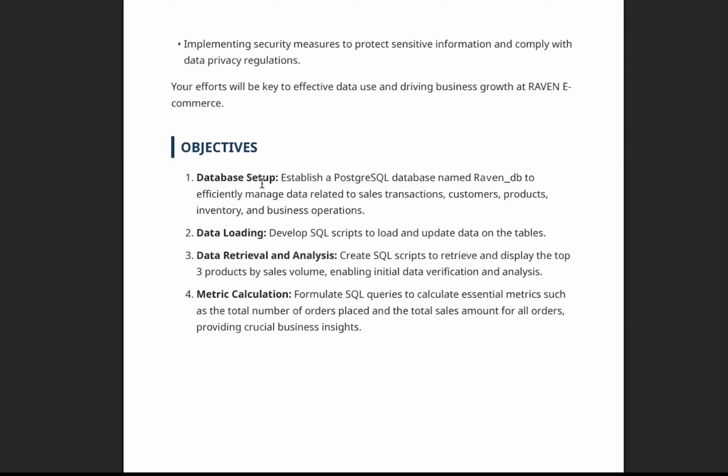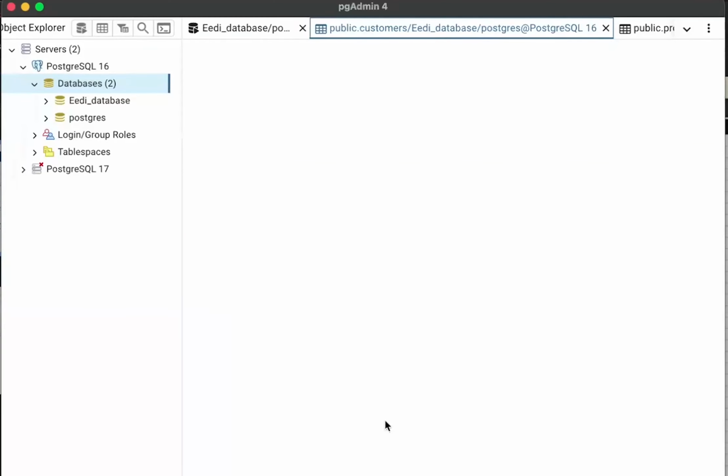So what we are doing here is we establish a Postgres database for the company, we load the data into the database, and we do some analysis where we query the database for the company. There are different ways to do this.